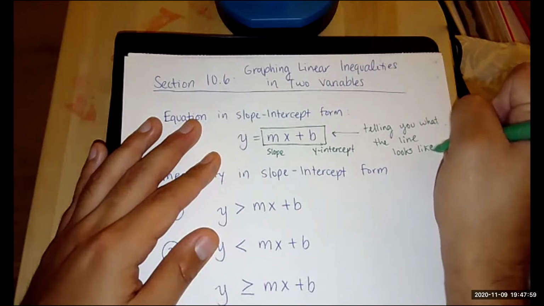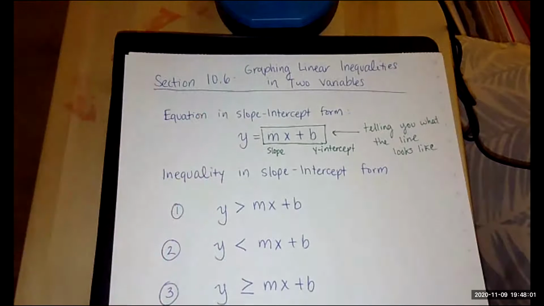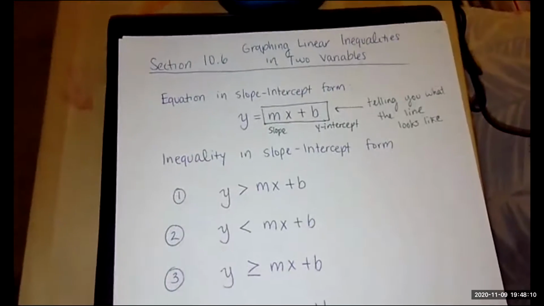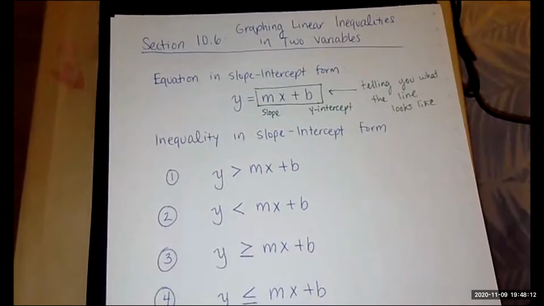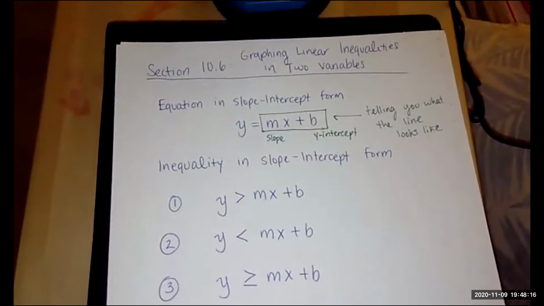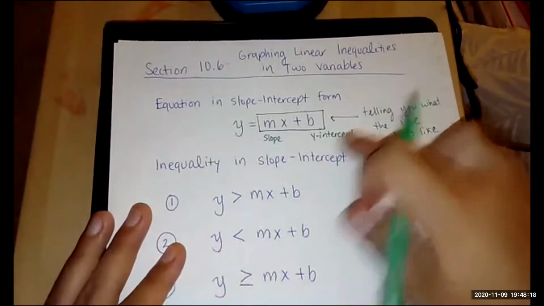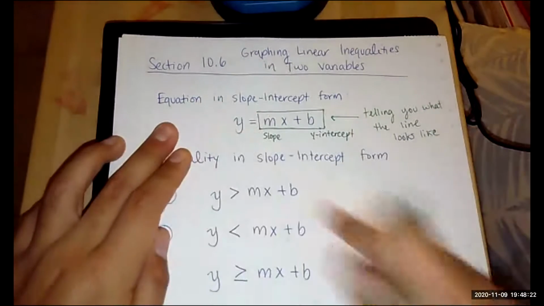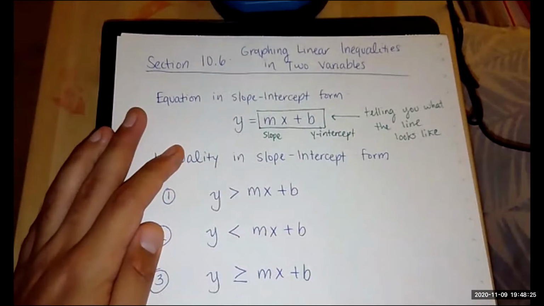Almost like before you graph it, if you could imagine in your mind's eye what the intercept is and what the slope is, you can sort of graph it in your head, or at least when you're experienced enough with it, you can start to think about, oh, this is a positive slope, so a positive slope is going to run in this direction, whereas a negative slope is going to run in this direction, right?